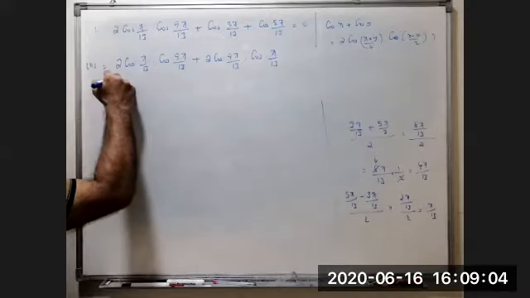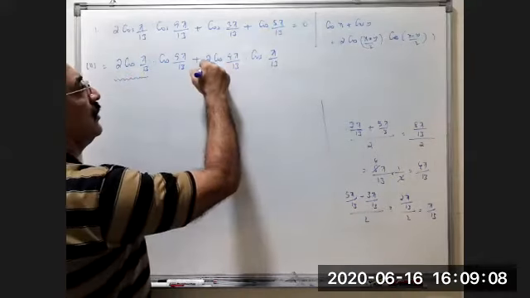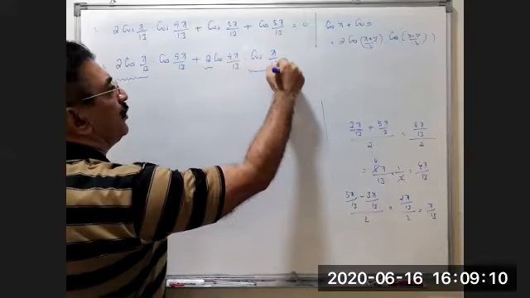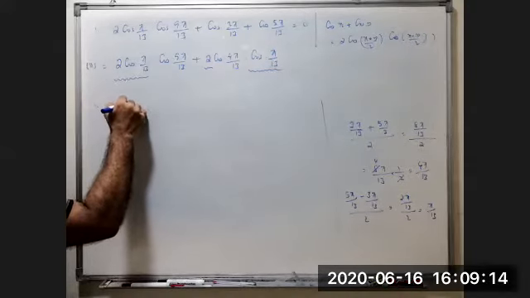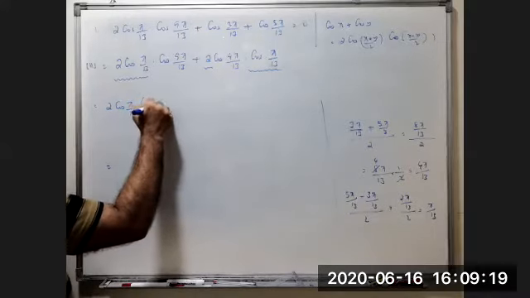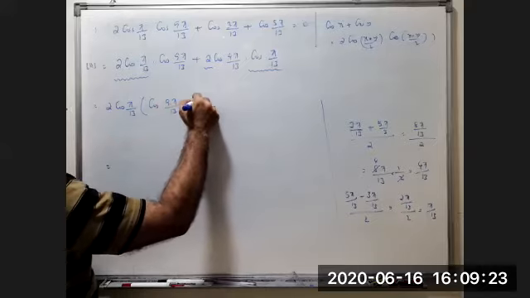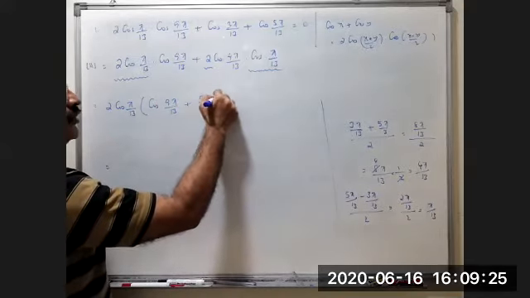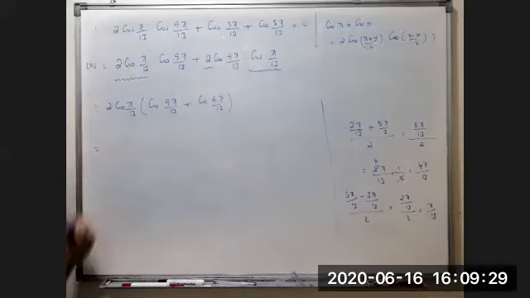Now what can we do? The 2 cos pi by 30 can be taken common. 2 cos pi by 30 is left out, with cos 9 pi by 30 plus cos 4 pi by 30.